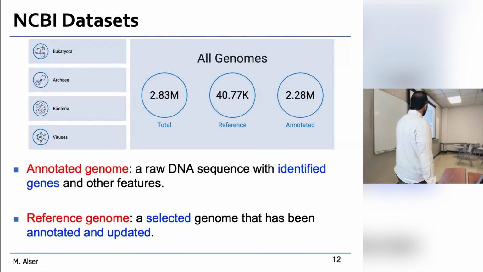You will see here some statistics about reference genome and annotated genome. And you can see they don't add up. So those two numbers don't add up to this number. So there is a reference genome, there is an annotated genome, and there is some raw data other than the reference genome and the annotated data. What is the difference between reference genome and annotated genome?